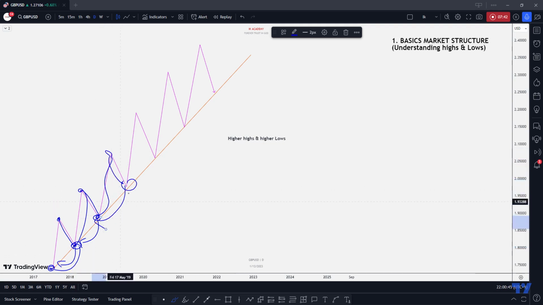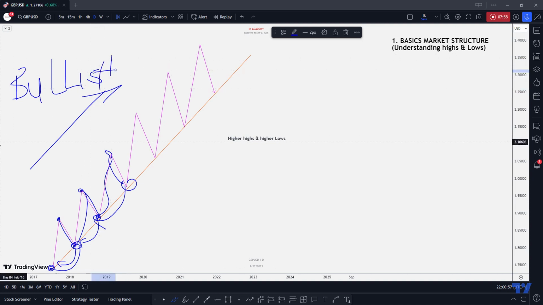So when price prints higher highs and higher lows in the market, it clearly indicates that the price is bullish, or the price is in an uptrend.